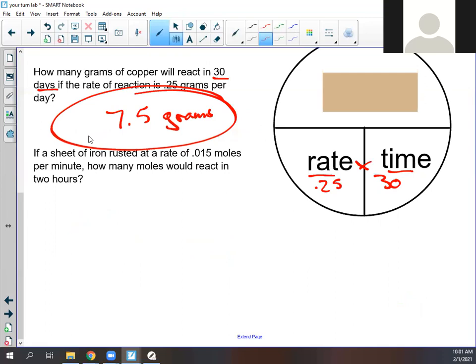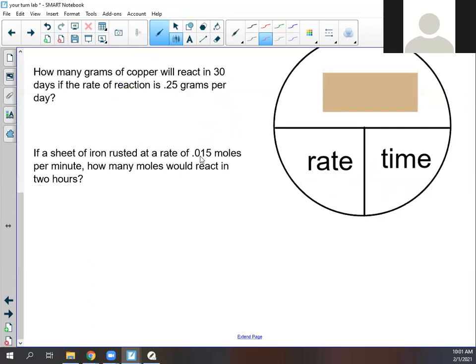Okay, here's the deal. This tells you the rate is 0.015 per minute, but it wants it in how many would react in 2 hours. So here we go. The rate is 0.015. The time was in minutes, so this has to be in minutes.